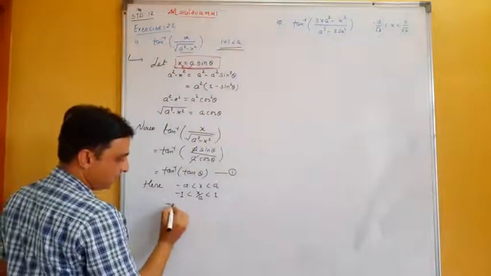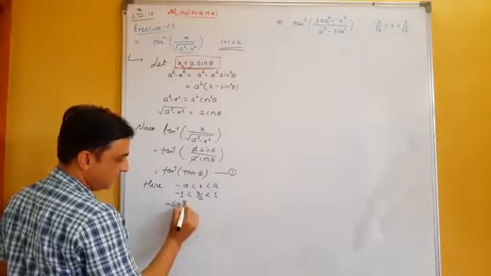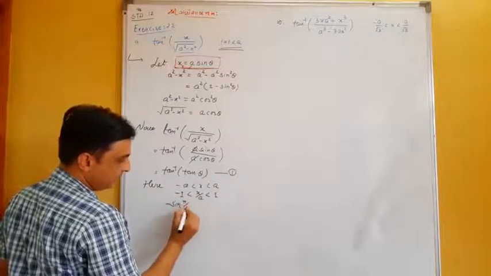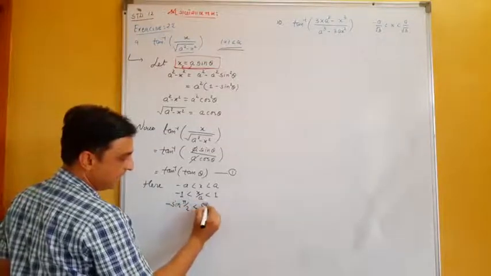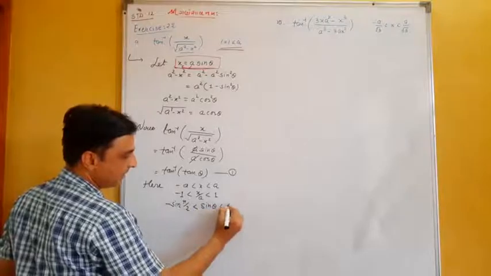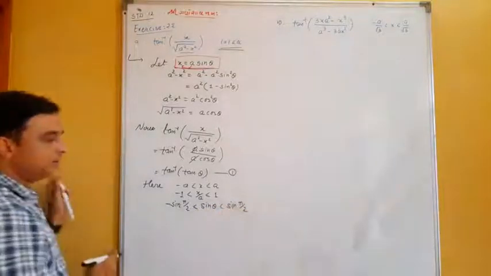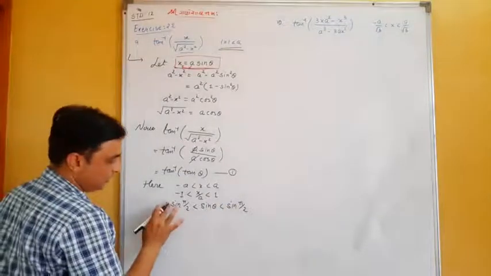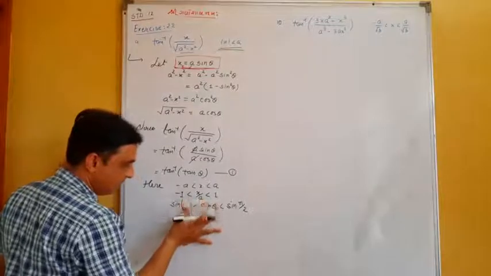So minus 1 is sin of minus pi by 2, and x by a is sin theta, and this is plus sin pi by 2. So we can write it is minus pi by 2.